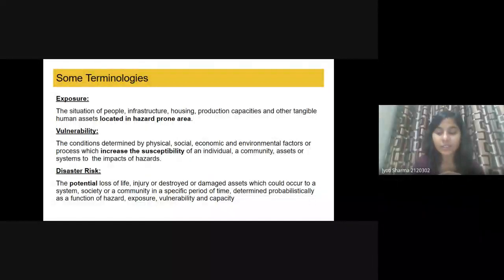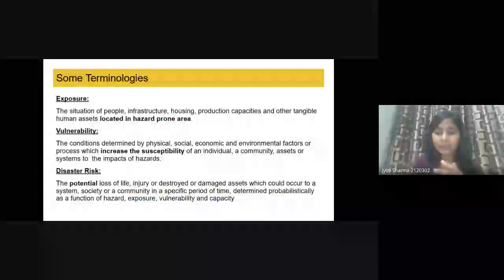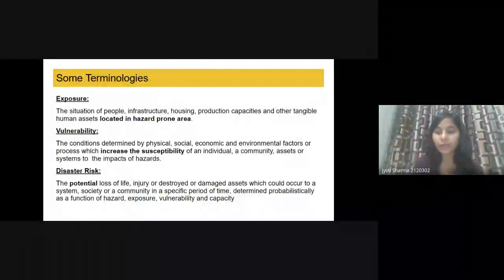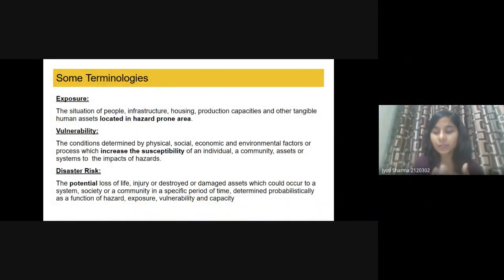The second condition is, if you have a house that is not very concrete in nature, you don't have other facilities such as ROs, you don't have an air purifier, if you don't have, let's say, the financial support as well.